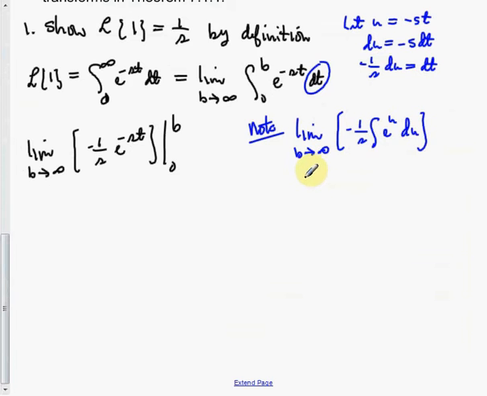And so we get the limit as b goes to infinity of negative 1 over s times e to the u, evaluated from 0 to b. So that's why we get the limit here as b goes to infinity of negative 1 over s times e to the u, where u is the negative st, evaluated from 0 to b.